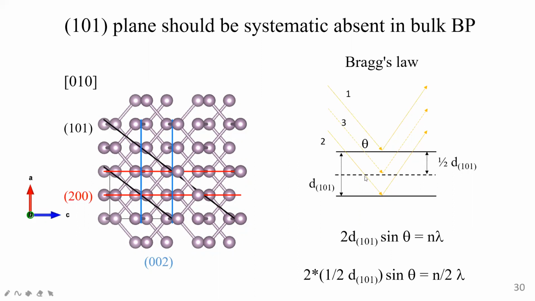But if there is another plane right in the middle, this plane would cancel the diffraction peak. So between the 101 planes, there is another plane here, and this would cancel the diffraction peak. That is to say, we shouldn't observe the 101 plane in bulk black phosphorus, but we observed it in the selected area diffraction. Why?